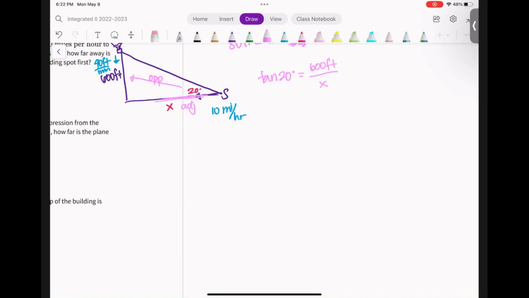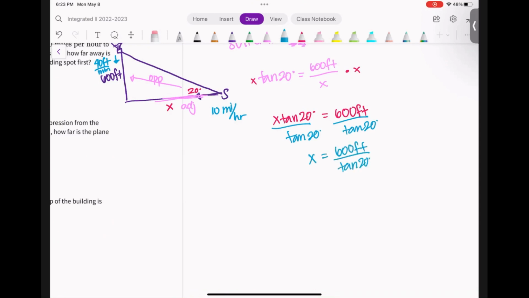I usually think to multiply by the denominator, and then divide by tangent 20. So x is equal to 600 feet divided by tangent 20.